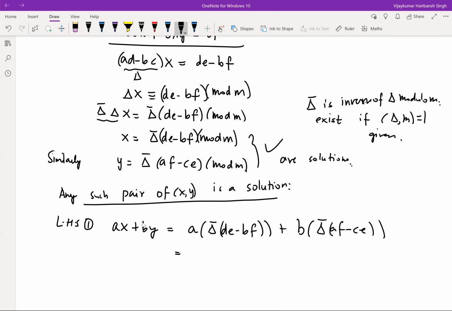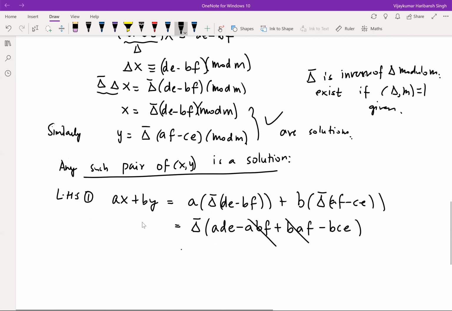Take delta bar common, what do we get? ADE minus ABF plus BAF minus BCE. Now you can see that ABF and BAF cancel out. Delta bar is common already. Then you can take E common.